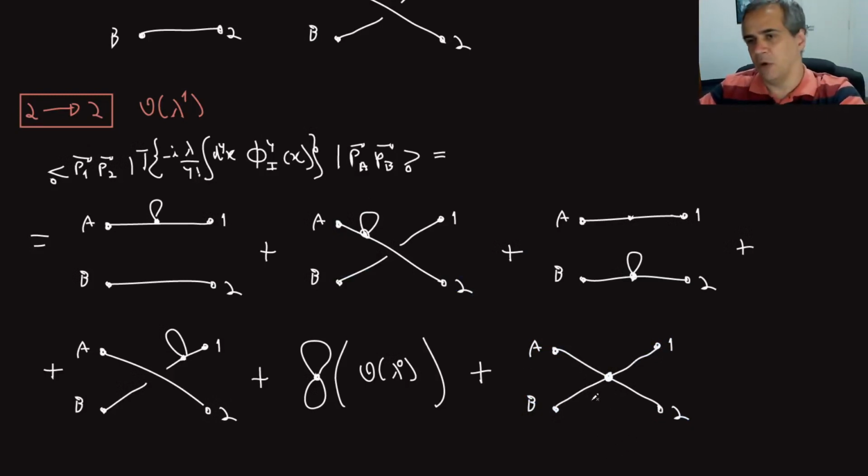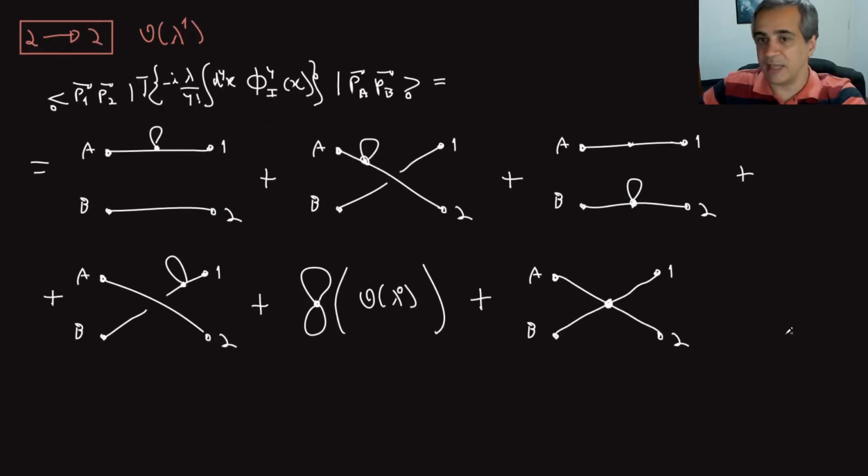Right? Now we know these are all disconnected. This is multiplication by a vacuum bubble of, again, disconnected diagrams. So none of these contribute, but this guy does, right? Finally, we found that first order, something that actually contributes to the scattering, right?